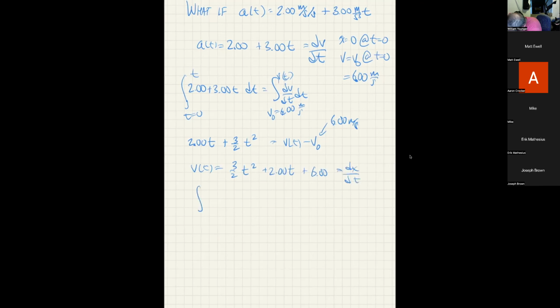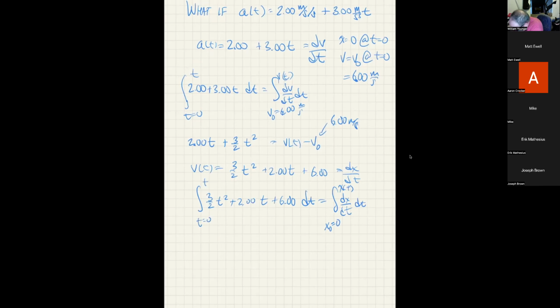So now I can say the integral of 3 halves t squared plus 2.00 t plus 6.00 dt is equal to the integral of dx over dt, and that integrates from x0 equals 0 to x of t, and this integrates from t equals 0 to t.